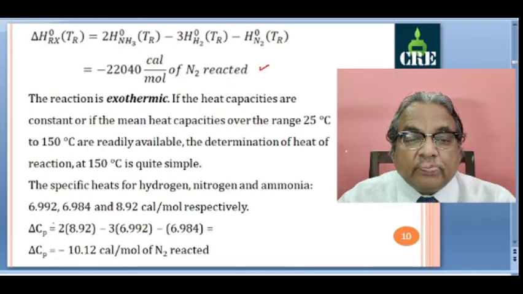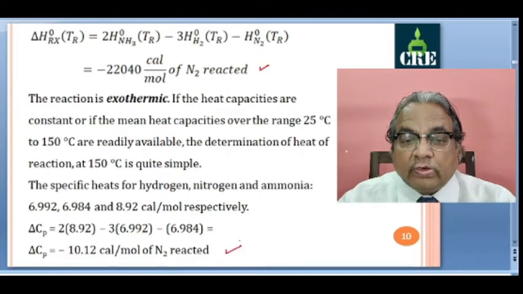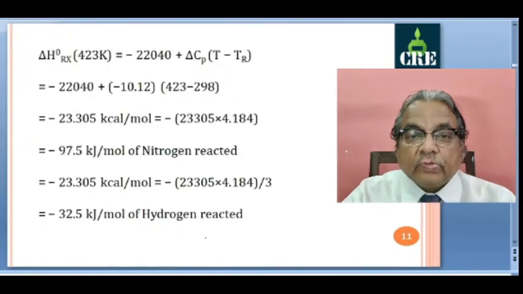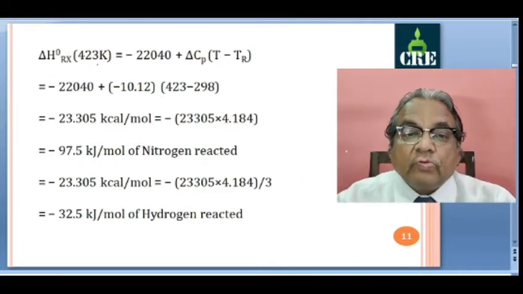So delta Cp is 2 into 8.92 for ammonia, 3 into 6.992 for hydrogen, and minus 6.984, stoichiometric coefficient is 1, for nitrogen. So delta Cp is minus 10.12 calories per mole of nitrogen reacted. So delta HRX you can find out.